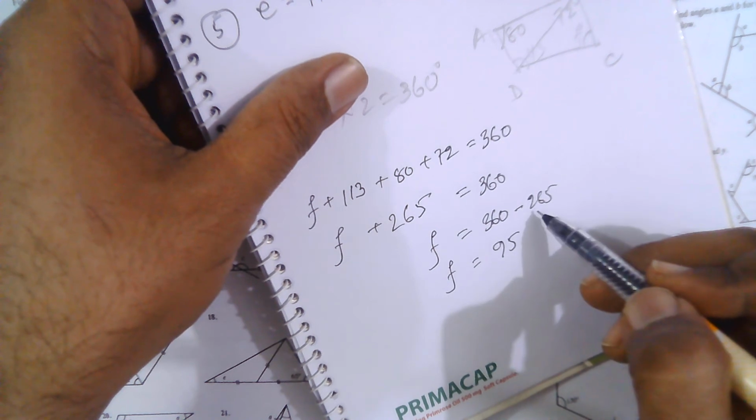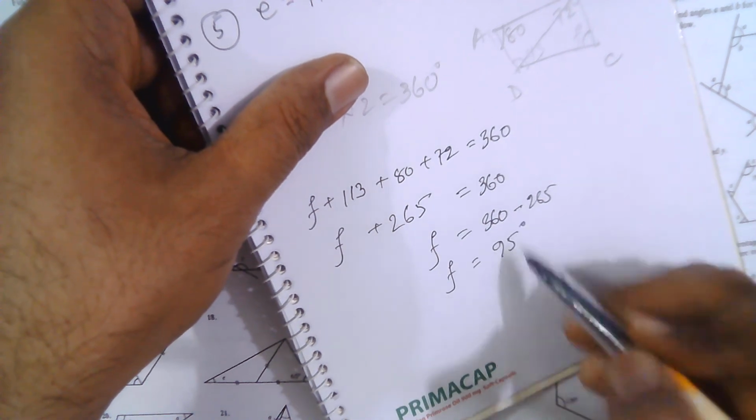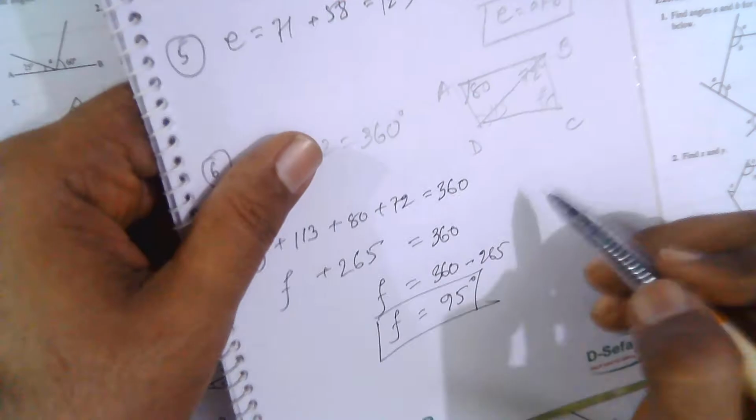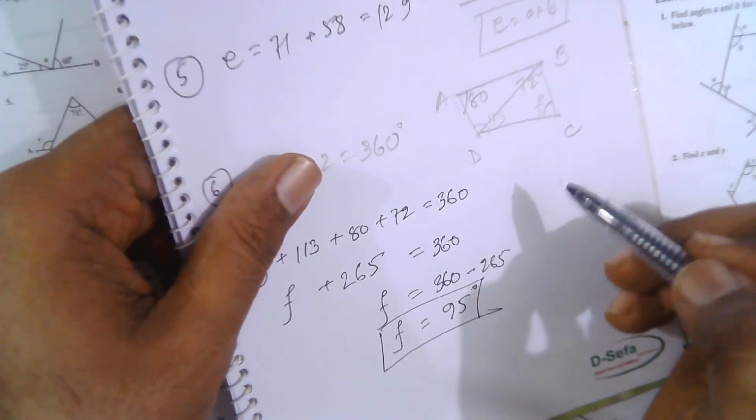So F will be 95. Therefore, for any quadrilateral, the sum of the angles will be 360.